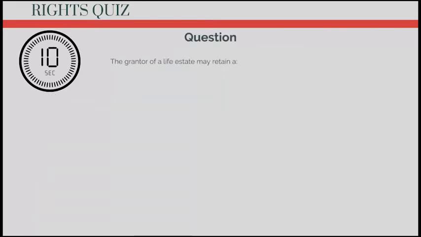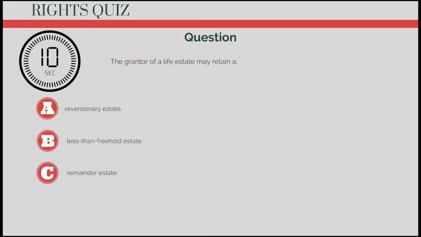The grantor of a life estate may retain A. Reversionary estate, B. Less than freehold estate, C. Remainder estate, or D. Fee simple estate. The correct answer is A. Reversionary estate.